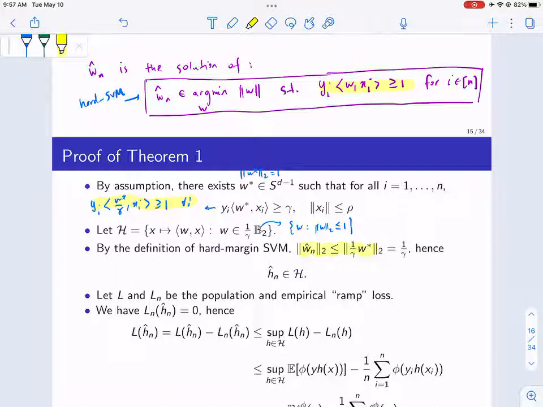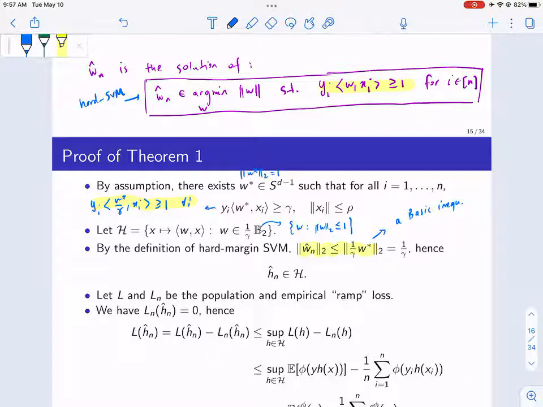So this is a basic inequality, just writing the optimality condition. And so you had w hat n, and the norm 2 is less than 1 over gamma because of the assumption.